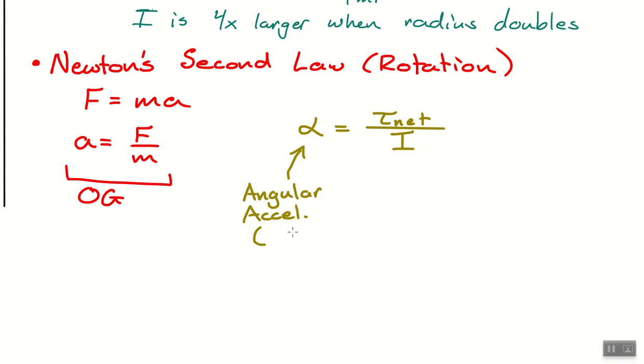Radians per second squared. Why do I do it like this? Radians are unitless. If you need to write rads here to keep it straight, I'm fine with that, but it's radians per second squared.